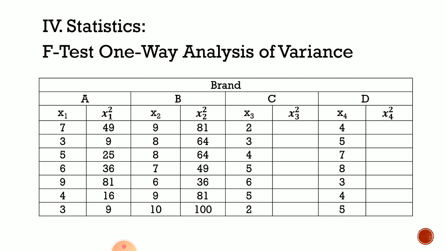Applying the same process on brand C, that is x sub 3 squared, we square all the data under brand C: 2 squared, which is 4, 3 squared, which is 9, 4 squared is 16, and so on. And for the last group, x sub 4 squared: 4 squared, which is 16, 5 squared, which is 25, 7 squared, which is 49, and so on.